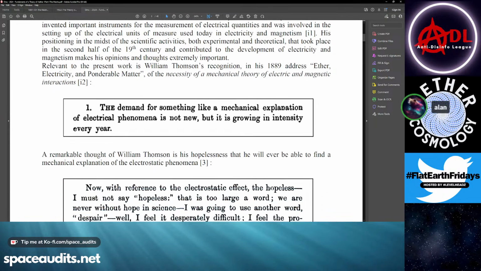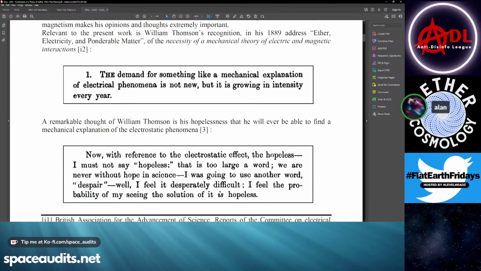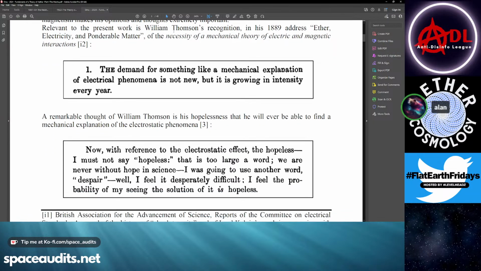Relevant to the present work is William Thomson's recognition, in his 1889 address, Ether, Electricity, and Ponderable Matter, which is available on ethercosmology.com for free, of the necessity of a mechanical explanation of electrical and magnetic interactions. I have a quote here from Thomson.